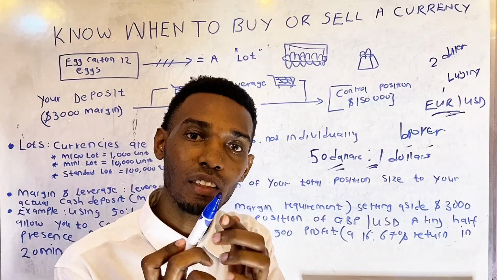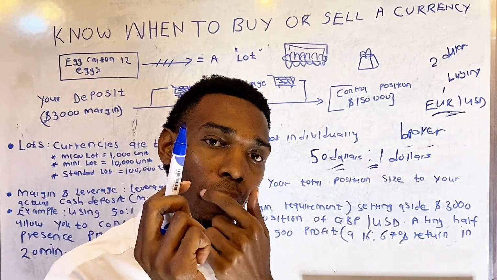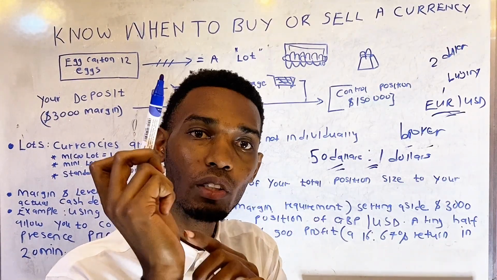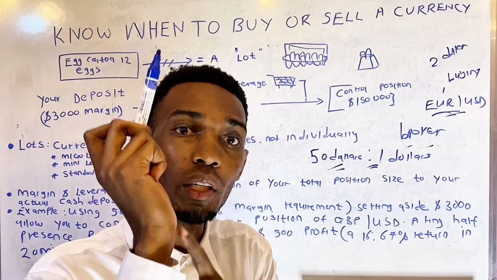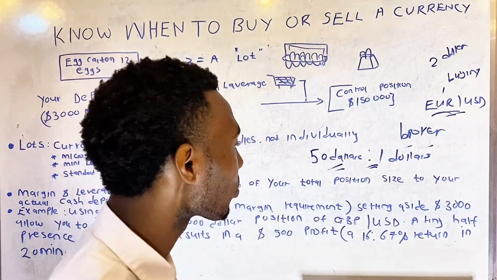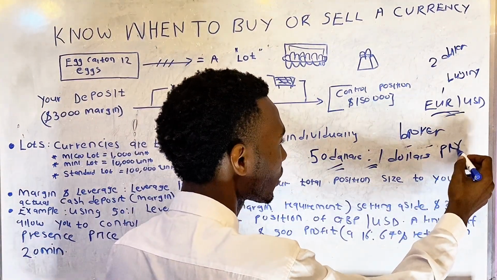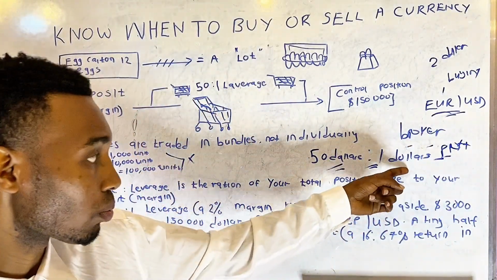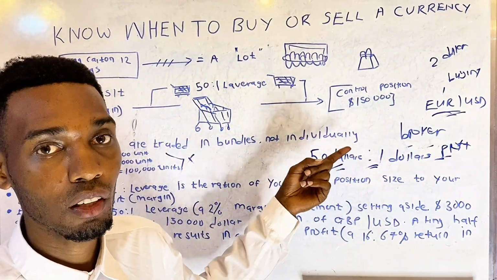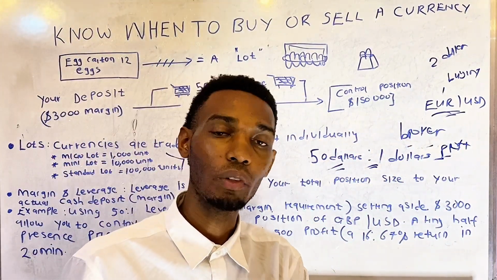If there is a teeny rise, a teeny possibility of your trade making a profit, you get a very huge profit with this small account with this big leverage. Now, if your bet comes true, you get a very huge profit.